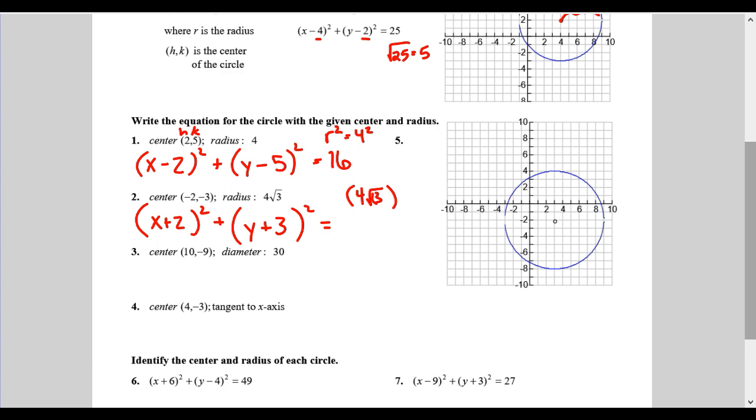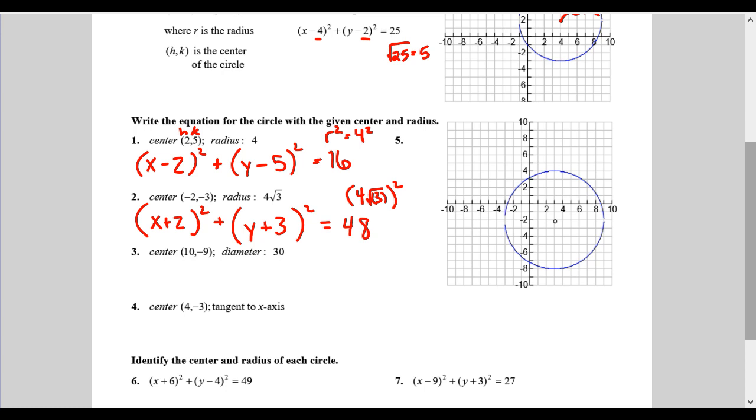You may have to put two sets of parentheses there. Squared. And what do we get? 48.